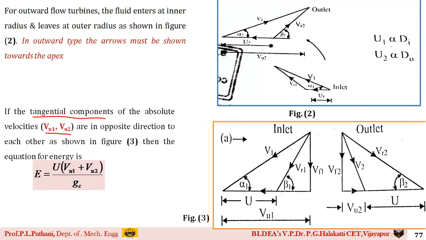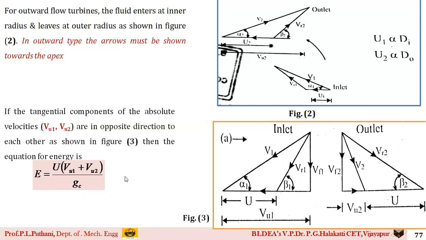In the sketch, VU1 is shown moving towards the left-hand side, whereas VU2 is shown moving towards the right-hand side. So both directions are opposite to one another. Therefore, the equation becomes E equal to U into VU1 plus VU2 by GC.